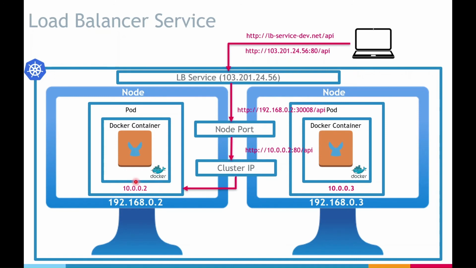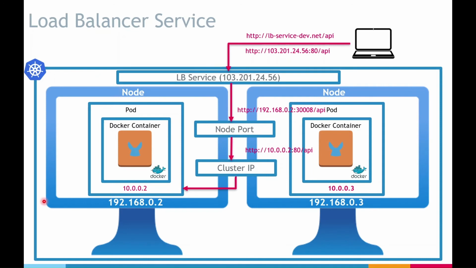It eventually goes to here, but this cluster IP might have a different IP address. It could be like 10.0.0.4, and that would convert to 10.0.0.2. So cluster IP, then node port and load balancer service: all these three components together enable communication between the pods in a Kubernetes cluster.